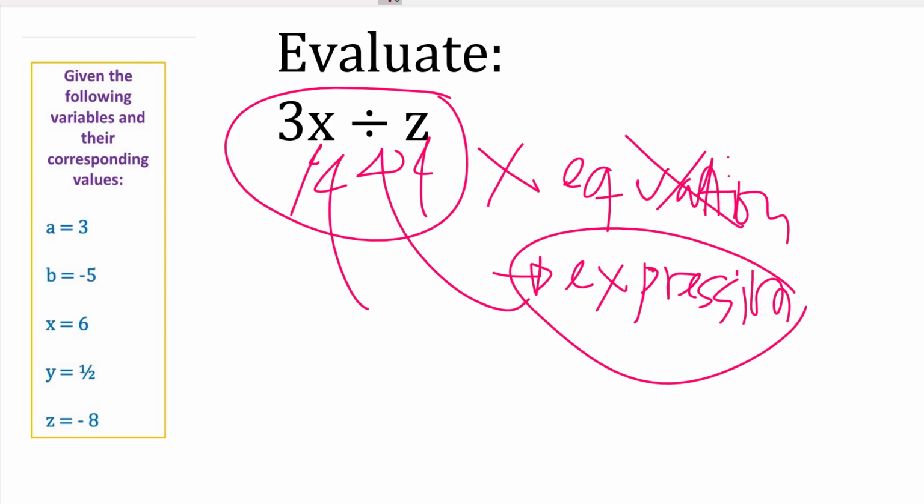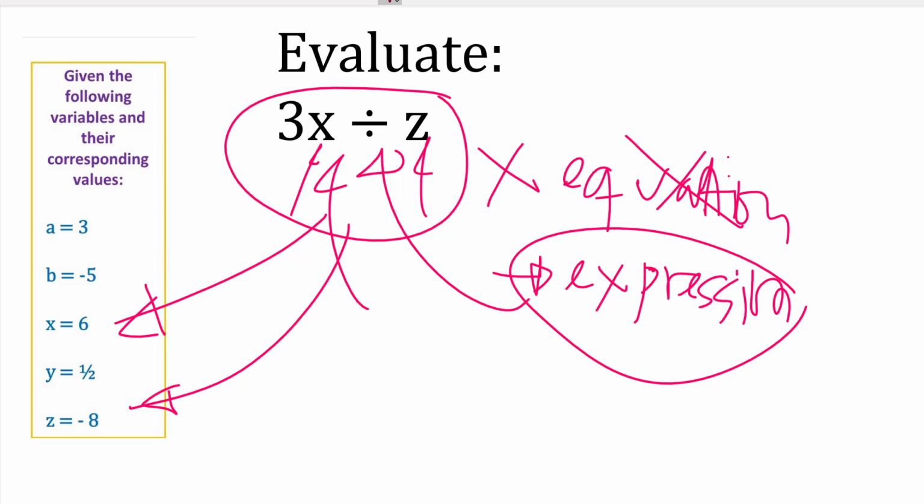In our particular problem, we are given that x equals 6 and z equals -8, and we're talking about given the variables and their values.